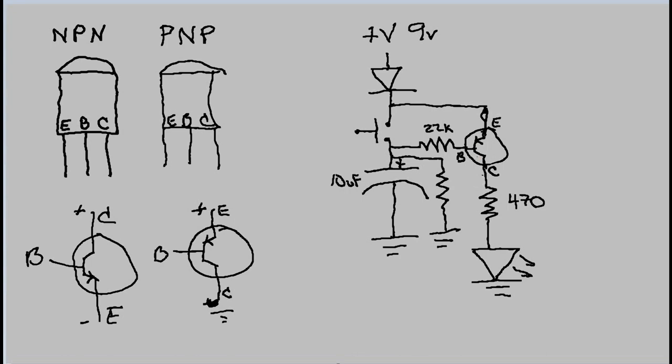Let me choose a thinner pen size. That'll probably help. And here we go again. This is a 100K ohm resistor.